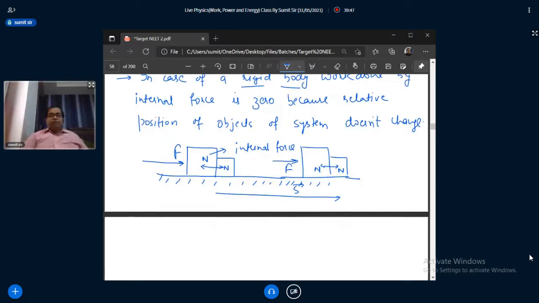That means work done by the normal. Suppose this is the first body and this is the second body. So work done by normal on the first body is minus W, and similarly work done by normal on the second body is plus W. So when we add both, we will get zero work done. So this is the concept.